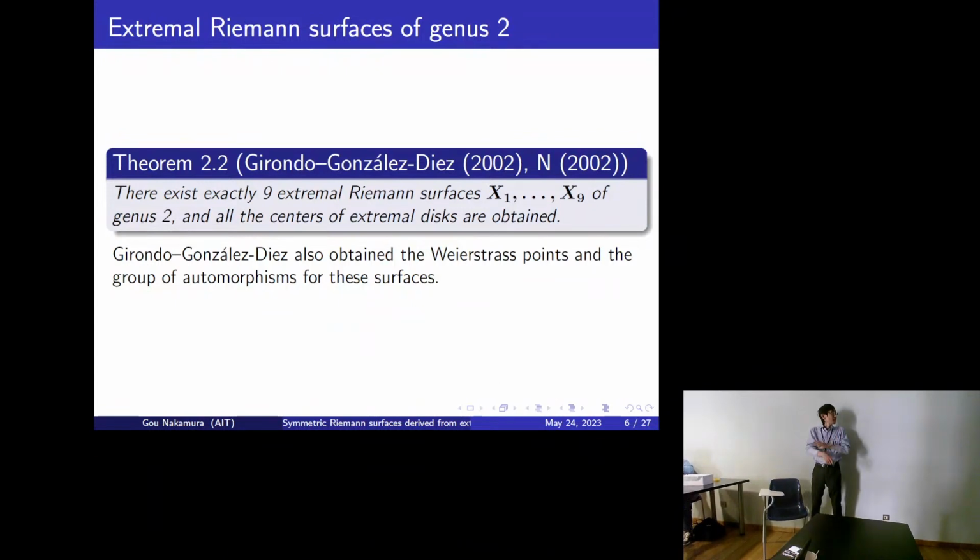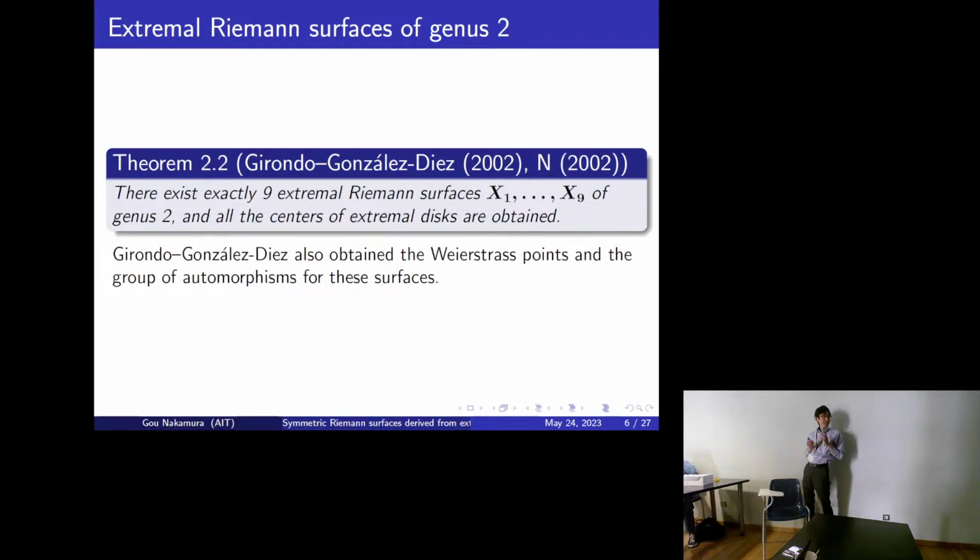Girondo and Gonzalez-Diez in 2002, it was 20 years ago, they showed that there exist exactly 9 extremal Riemann surfaces of genus 2.